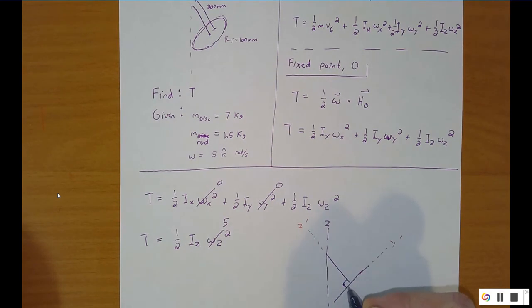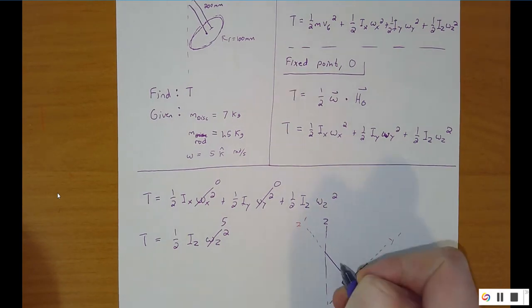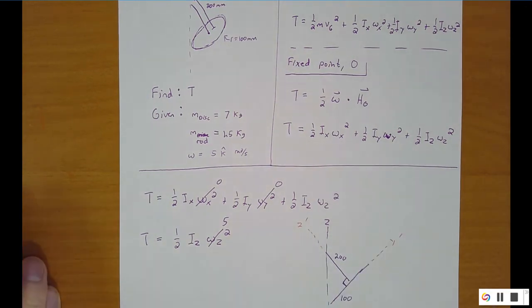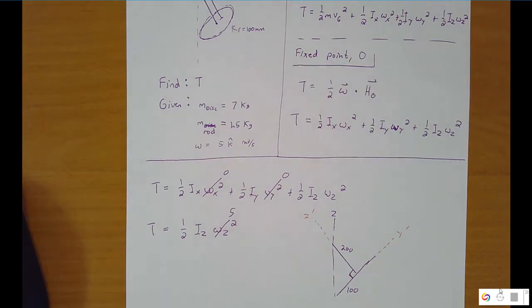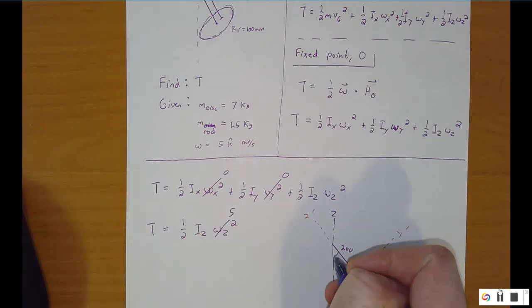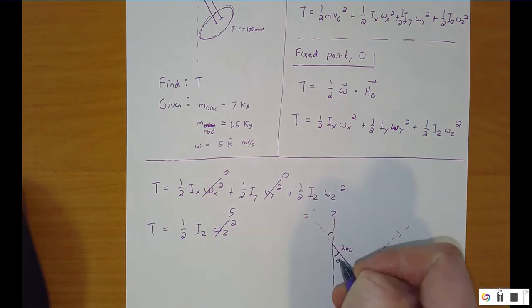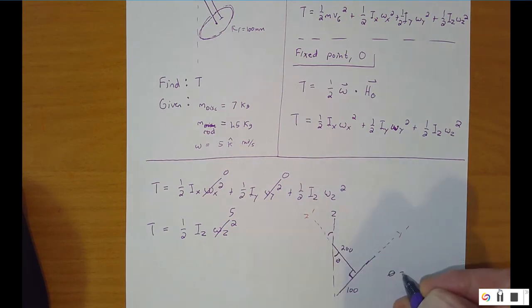So I have 90 degrees here. This is 200. This is 100. If I do a bit of trig, I can find this angle, which is also this angle. We can call this theta. So theta is tan inverse of opposite, which is our 100, over our adjacent, which is 200.